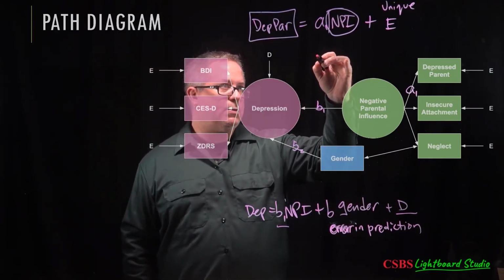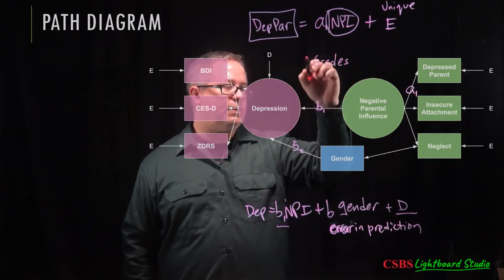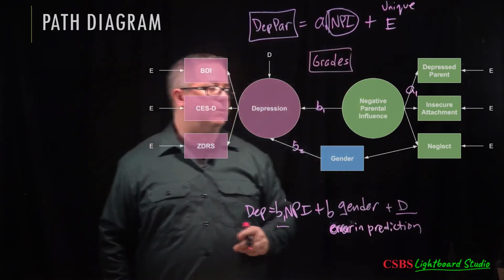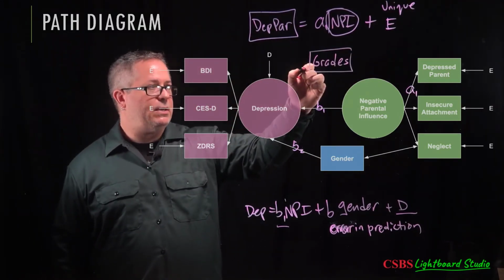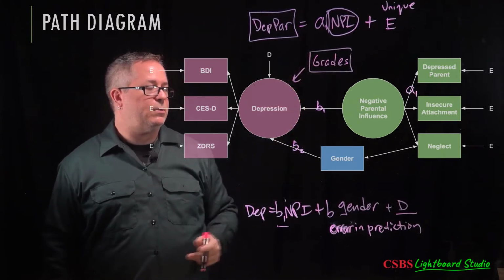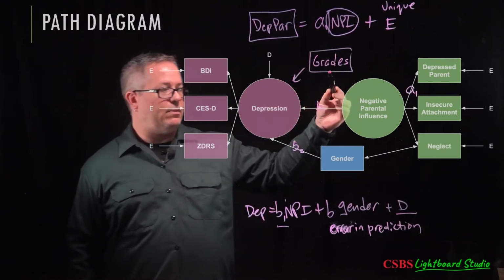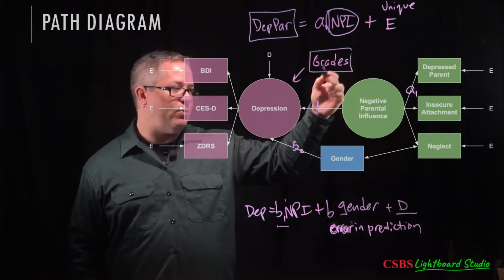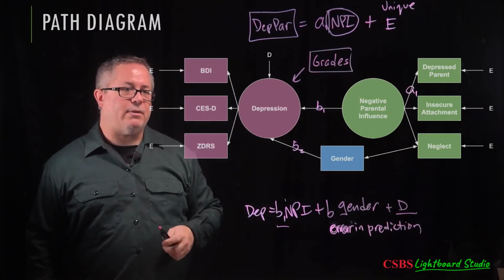Okay, something like grades. That's a measured variable. We look at their GPA or something. If I take grades and I predict it with depression, all right, that's pretty straightforward. That's a prediction, right? I think that somehow, as grades go down, depression goes up or something like that. I think that grades has some kind of impact on a person's depression.